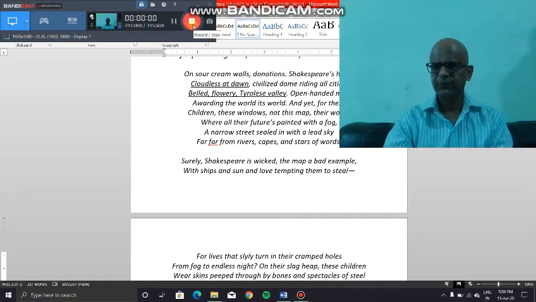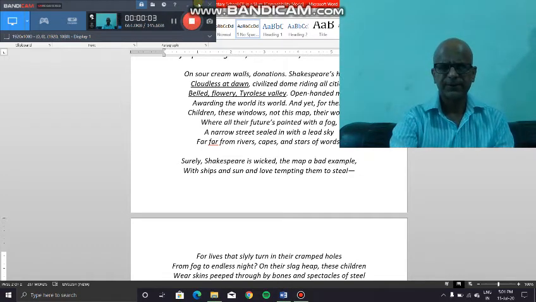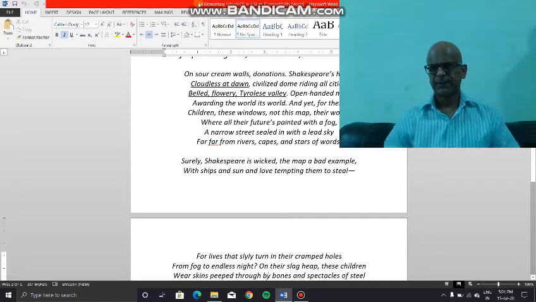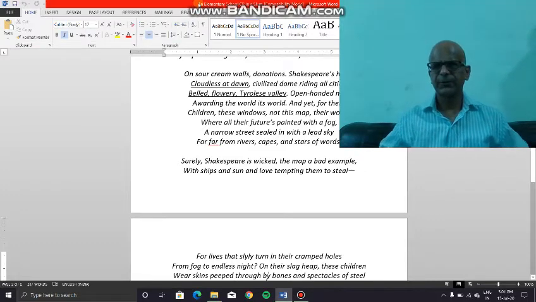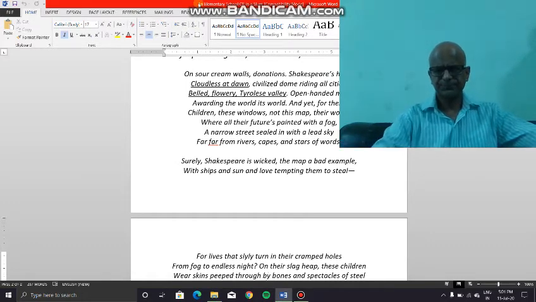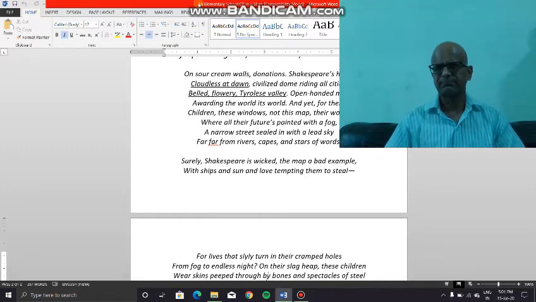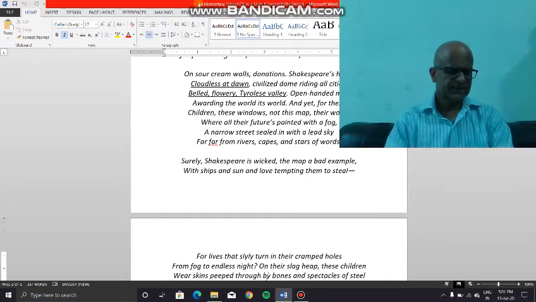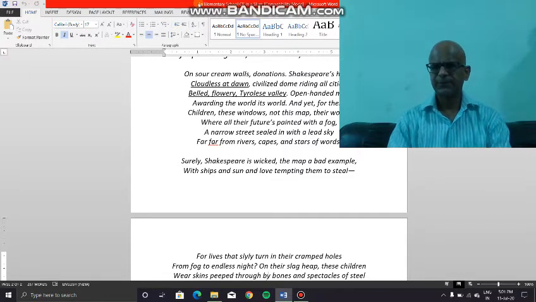So in the poem "An Elementary School Classroom in a Slum" by Stephen Spender, Spender talks about the uselessness of the Shakespearean portrait hung up on the walls in the classroom. Once tempted by the Shakespearean world of wealth, authority, and romance, these children enter the world of crime.